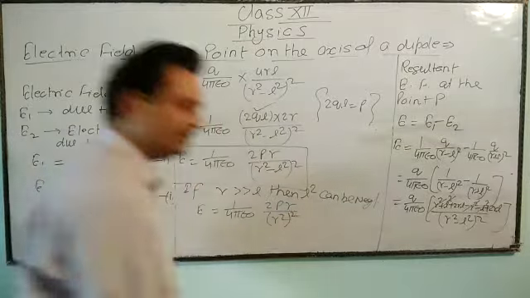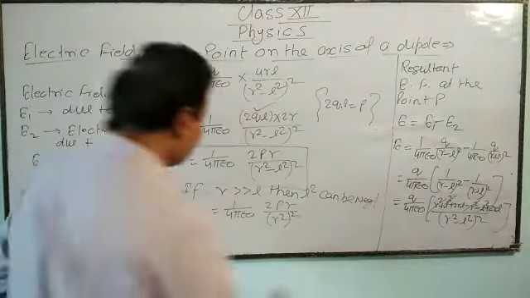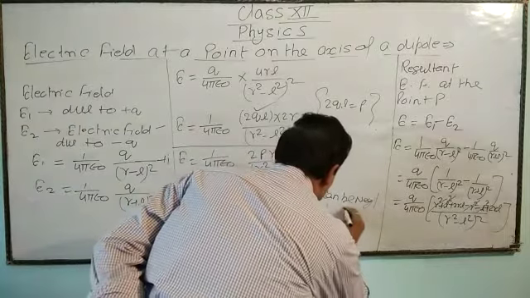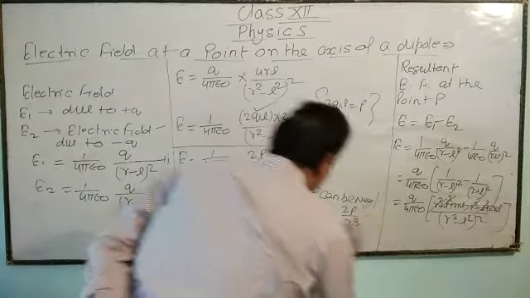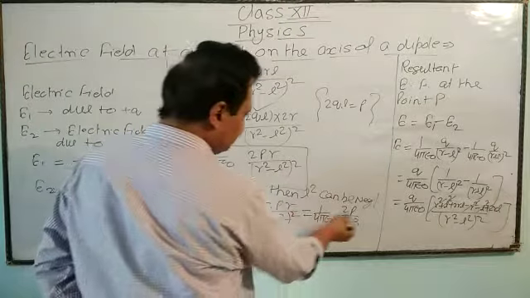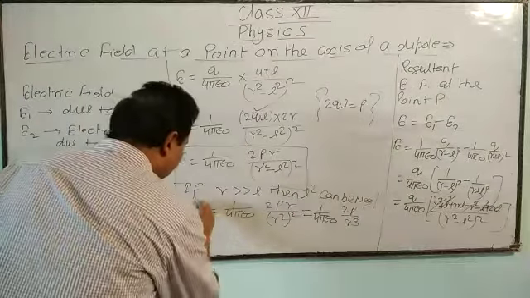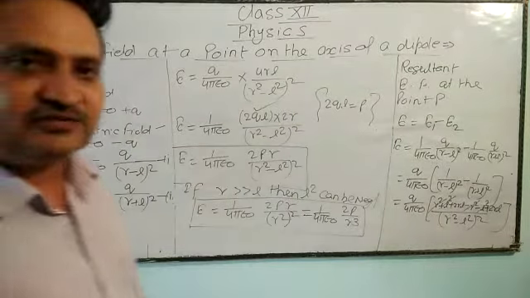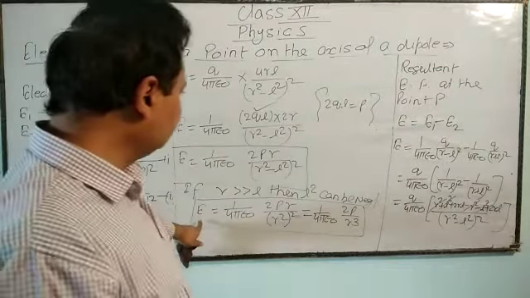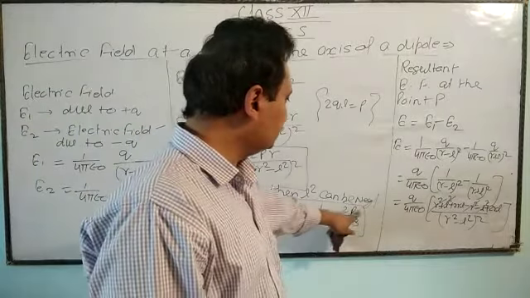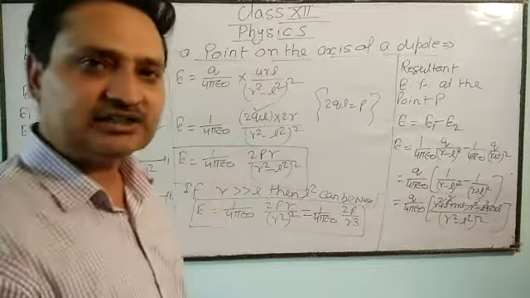So this is r to the power 4. It means 1 upon 4 pi epsilon naught 2p upon r cube, because one power of r cancels. So the final result for the intensity of the electric field at the point P is E equal to 1 upon 4 pi epsilon naught 2p upon r cube.